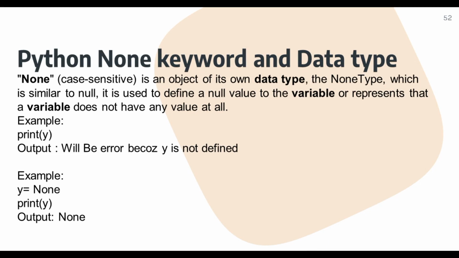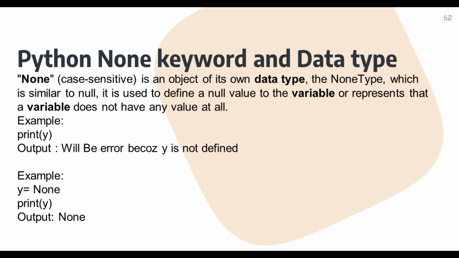Next, the Python None keyword and data type. The None data type is used when we are going to use a variable for further purposes. Say we have not decided in which operation we are going to use that particular variable, but it is required in our operation.